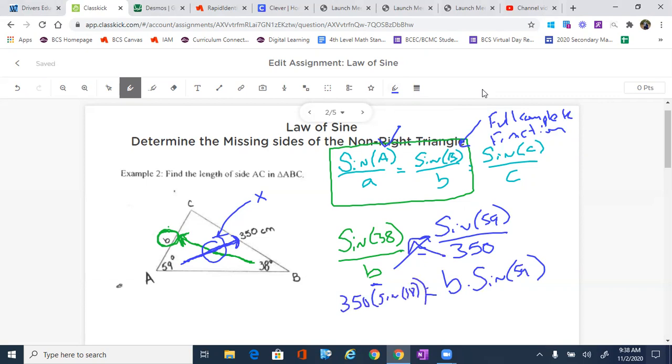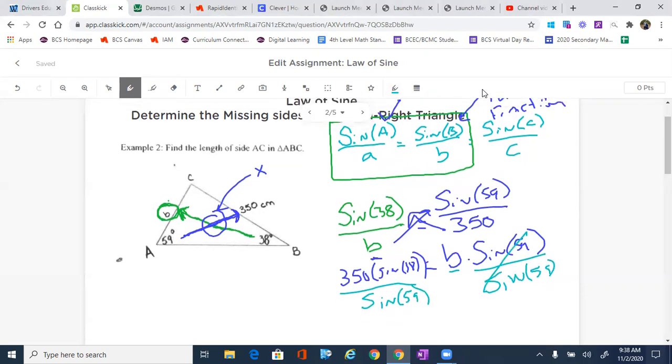Then we are going to isolate B. Since we're going to isolate B, we are going to divide by the sine of 59. That cancels, and B comes out. What we are going to do is go over to Desmos and type that entire statement in.